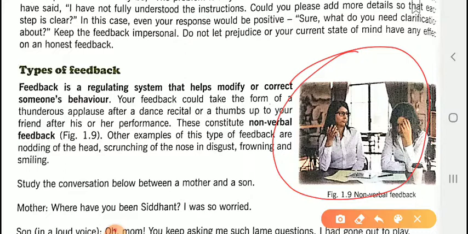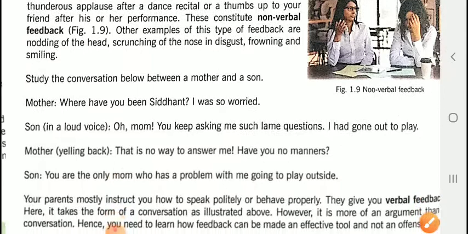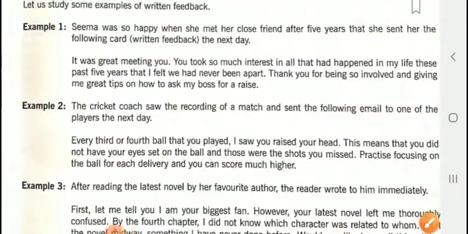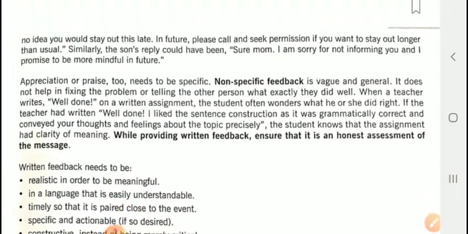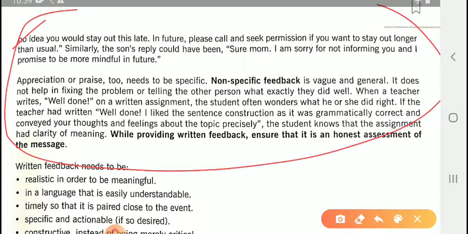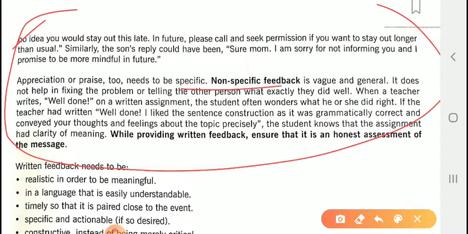If anybody is tired or not talking in a perfect manner, then we can easily give feedback that he or she is not well and has some problem, like that. In that figure we can easily see that. Next thing, there are two kinds of feedback, specific and non-specific feedback. We have to give it.